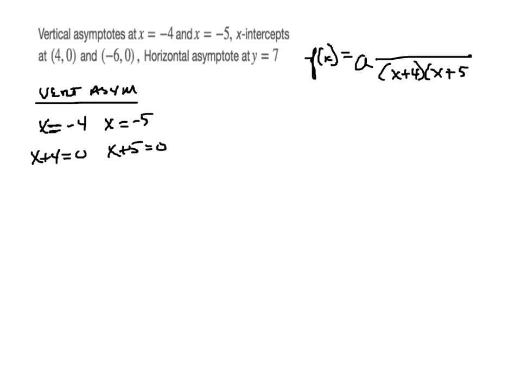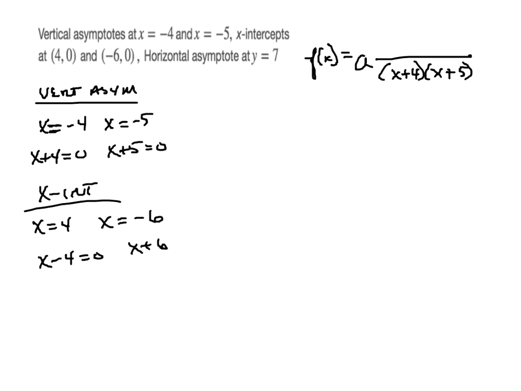So far, I know that my denominator, I have some stretch factor a, my denominator is x plus 4 times x plus 5. And then x-intercepts at 4, 0, so x equals 4, x equals -6, that's x minus 4 equals 0, x plus 6 equals 0.